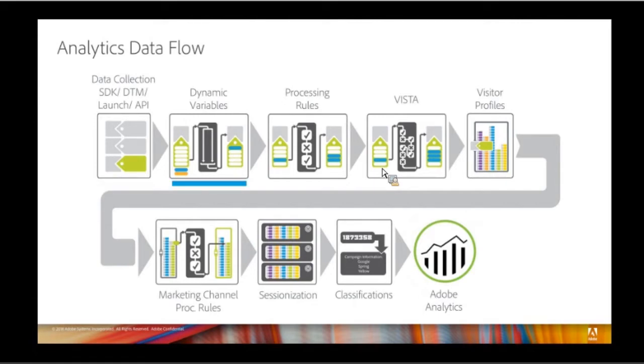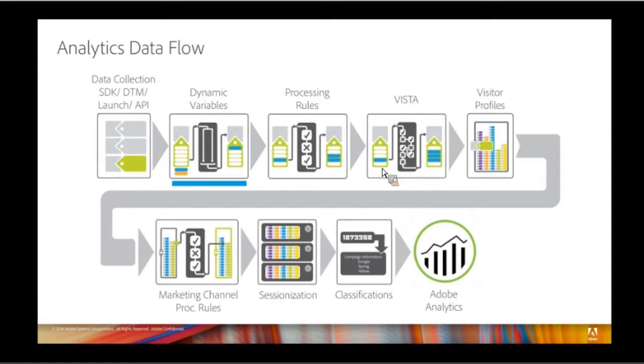Finally, I want to walk through our process for all of the ways in which data becomes accessible within Adobe Analytics and the Experience Cloud. So to do that, let's start all the way at the beginning. I've already started talking a little bit about the SDK.